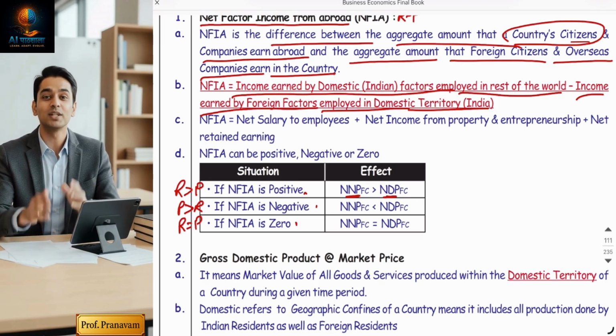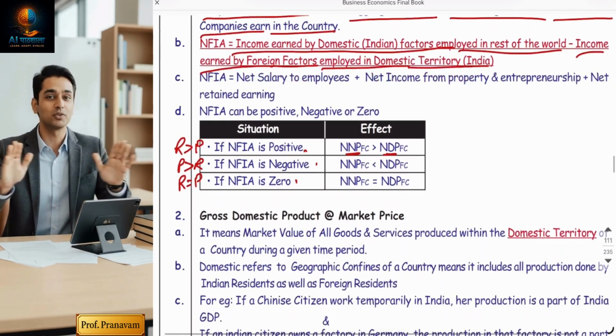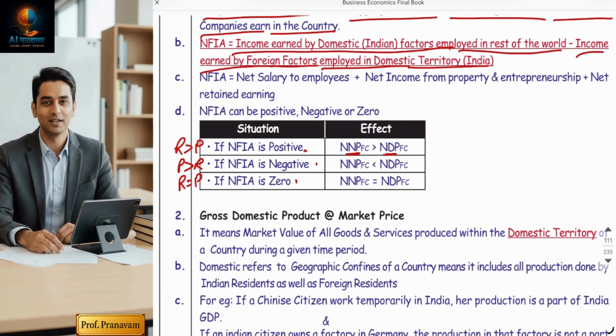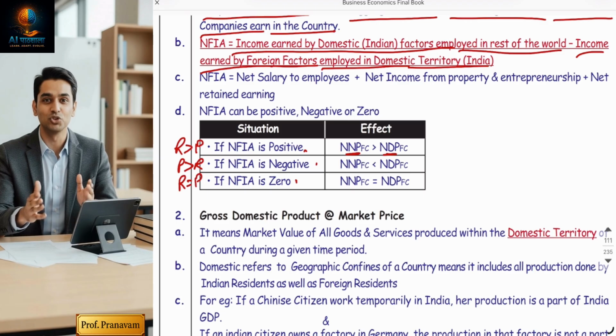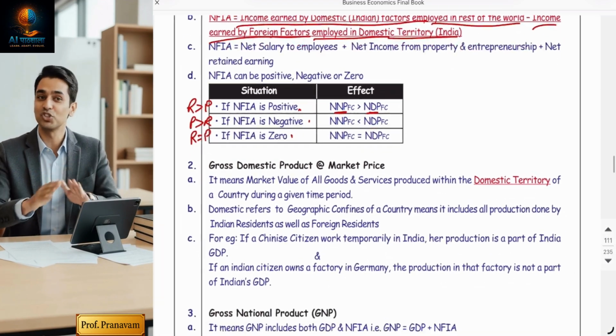If NFIA is positive, NNP at factor cost is more than NDP at factor cost. If NFIA is negative, NNP at factor cost is less than NDP at factor cost. And if NFIA is zero, NNP at factor cost is equal to NDP at factor cost.